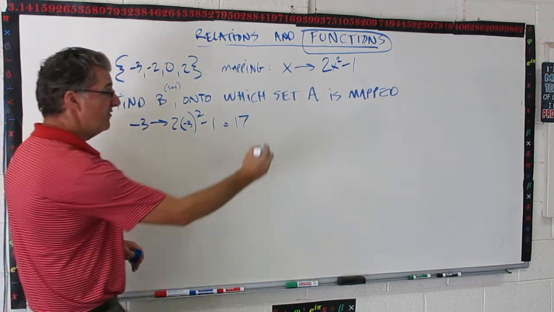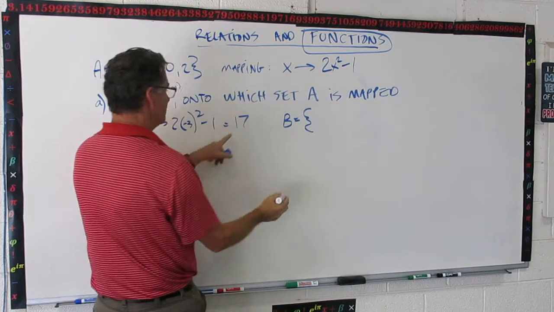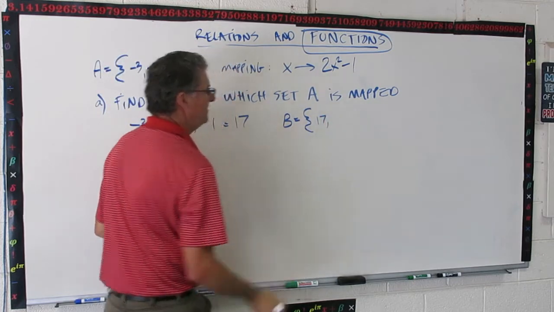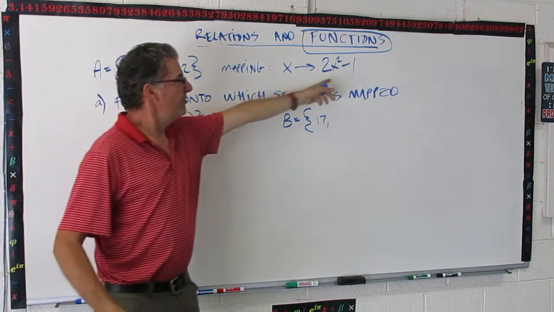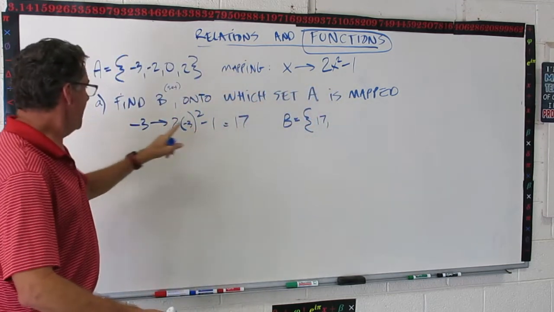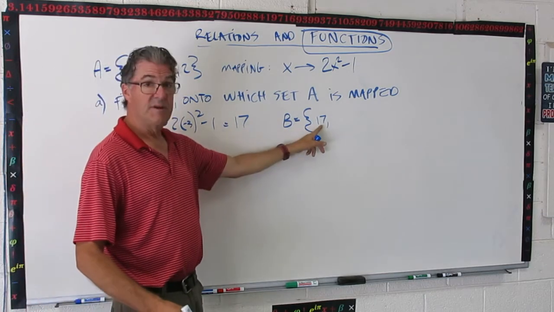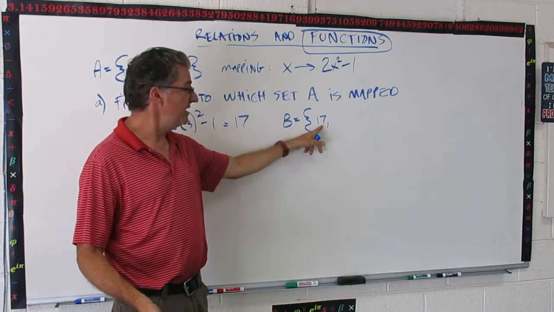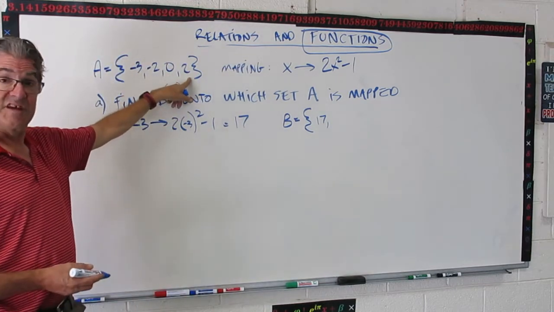So what I'm going to start over here is I'm going to start filling in my set B. My first element is 17. So I'm taking A, I'm running each element of A through the mapping instructions, and like so, and it spits out a number, and that's the element, the corresponding element in set B. So go ahead and pause the video and do the remaining mapping for these 3.